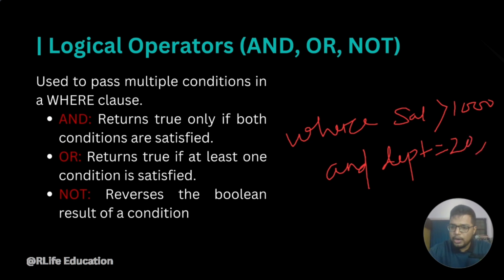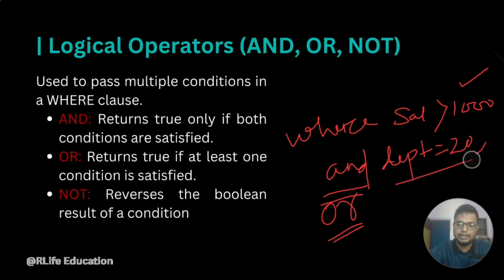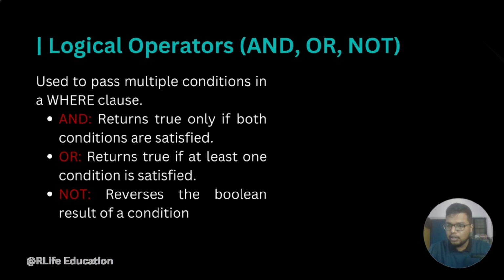If both conditions are satisfied, then we get all the employee details. AND returns the data of those who satisfy both conditions. But if instead of AND I use the OR operator, if any one of the conditions is satisfied, it is going to return the result. If the employee is earning greater than 1000, even if the department condition is false, it is going to return the result. Okay, this is all about the AND and OR operators.